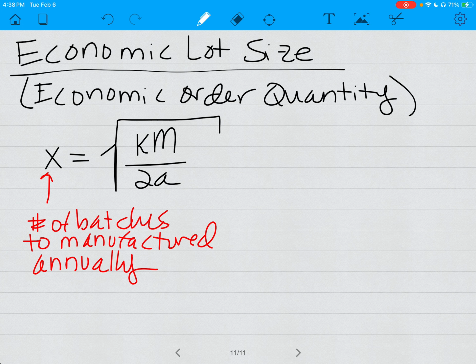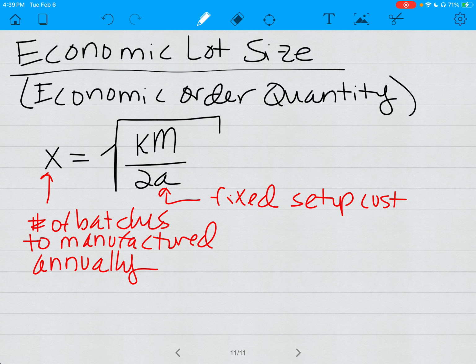The things that we're going to put into this formula, the a here is the fixed setup cost to manufacture the product. So what are your fixed setup costs?